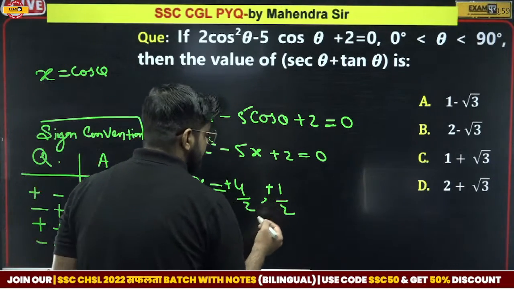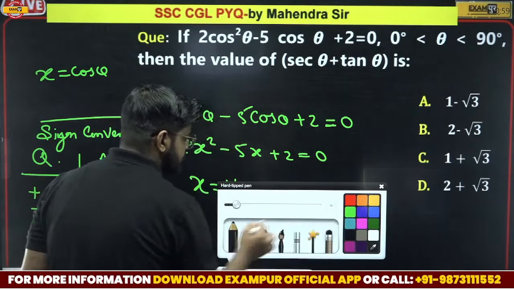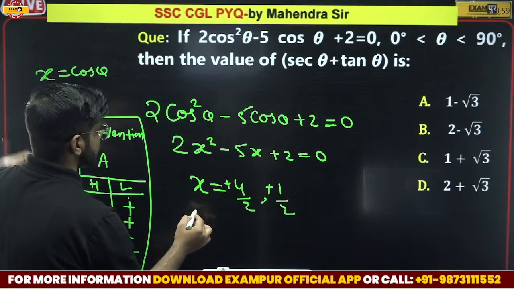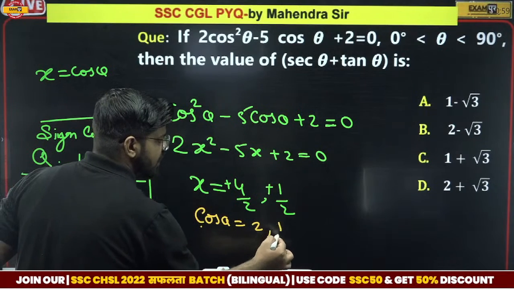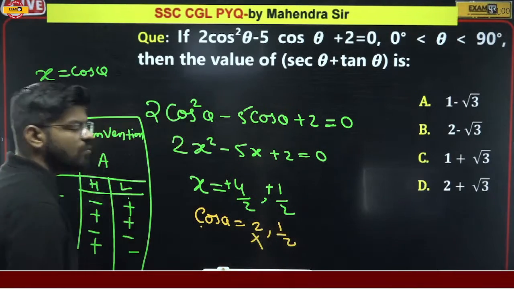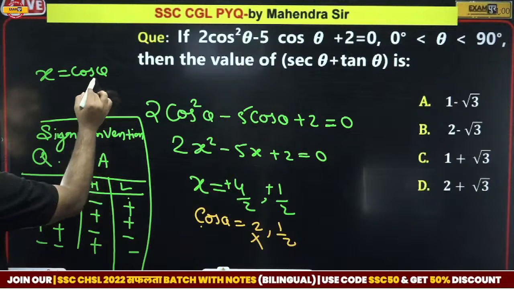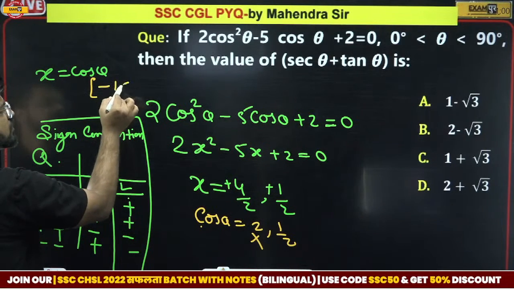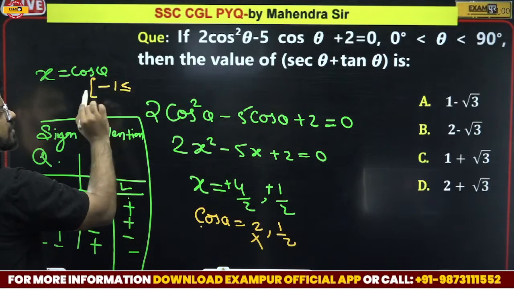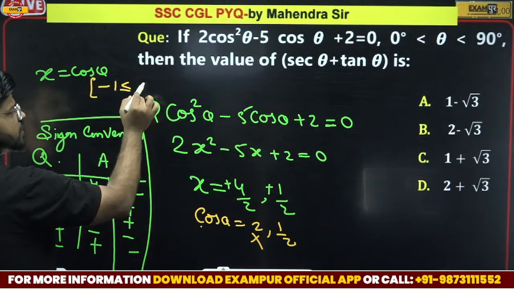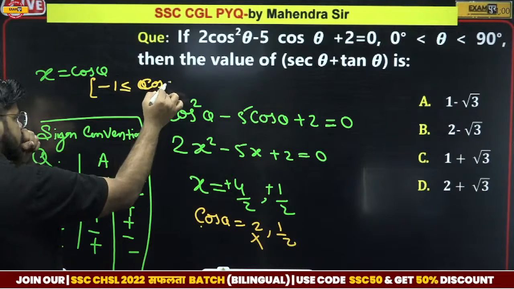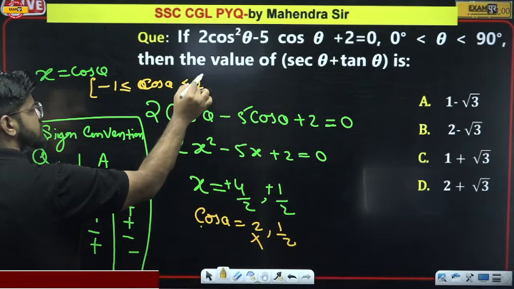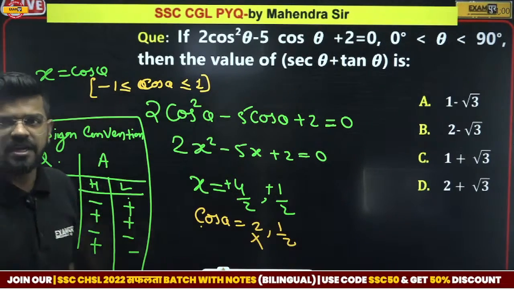So here we are getting x, which means cos theta. So we are getting two values of cos theta: one is 2 and one is half. So 2 is not possible. Why? Because cos theta has a range. Cos theta lies between -1 and +1.